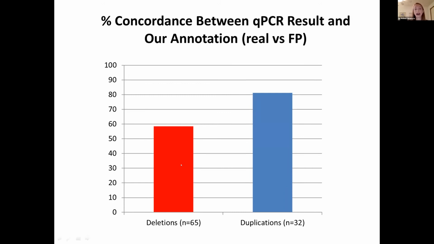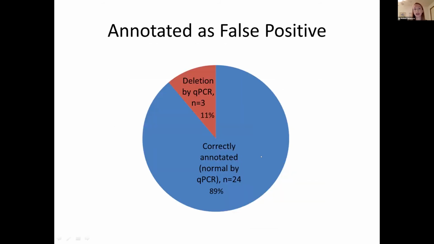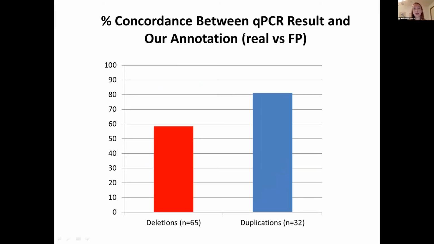And we found that nearly 60% of the deletions were correctly annotated as real or false positive with qPCR, and nearly 80% of the duplications. So we were about 60% accurate with deletions and 80% accurate with duplications, calling something real versus false positive.